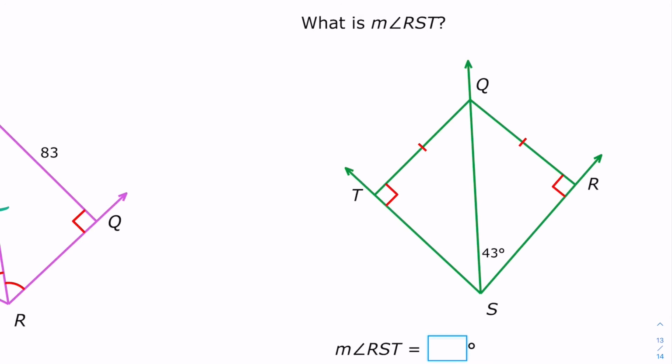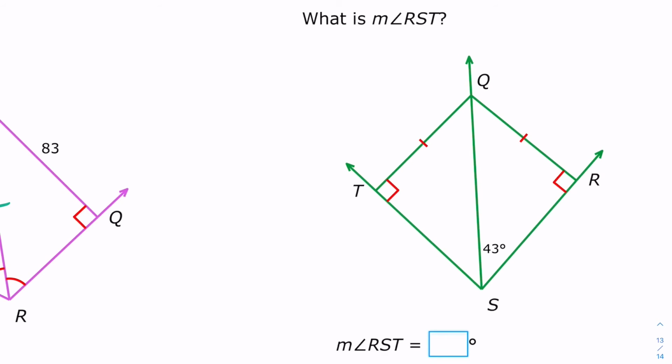The next one, what is the measure of angle RST? So in this case, QST is 43 degrees. The reason why is because this angle and this angle have to be congruent, because this angle is congruent to this angle, this side is congruent to this side, and this side is congruent to that side.